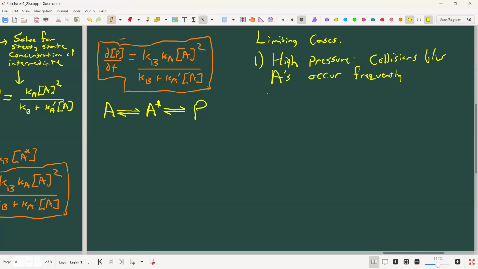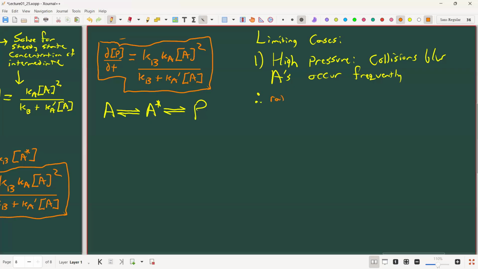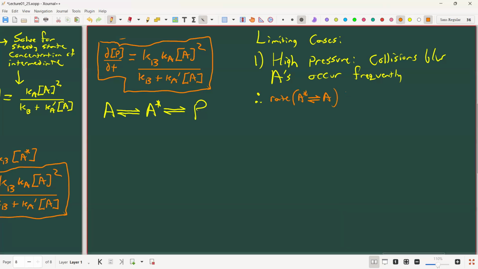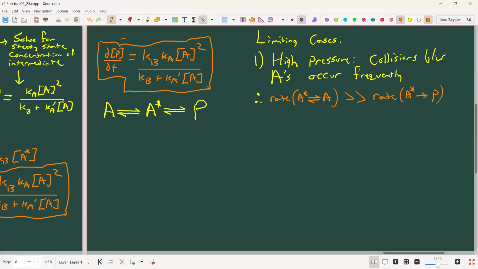So that means that the rate of A prime and A is much faster than the rate of A prime to P. A's are just constantly smacking into each other. They barely have any time to do anything else but to hit each other. High pressure. So what does that mean?